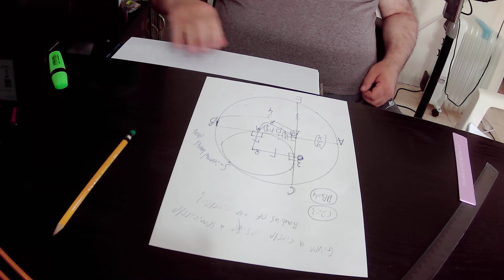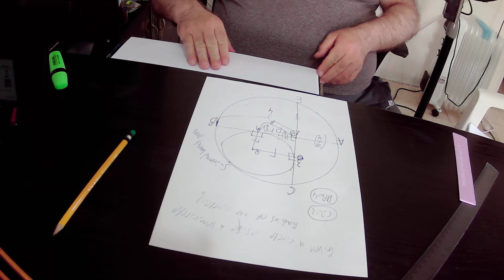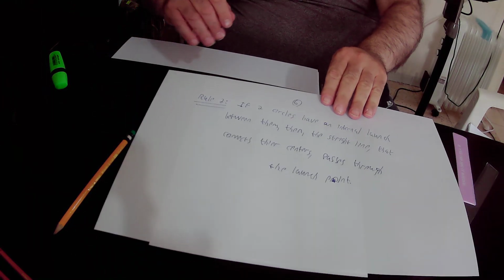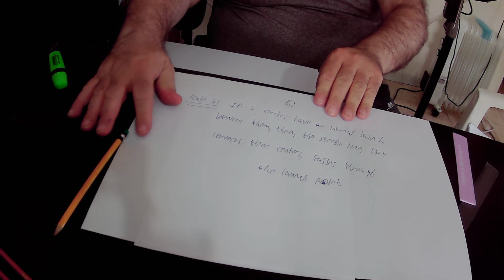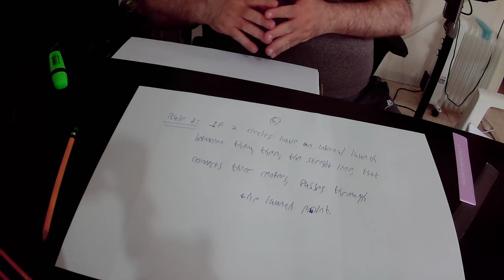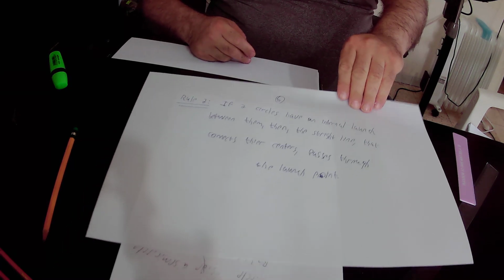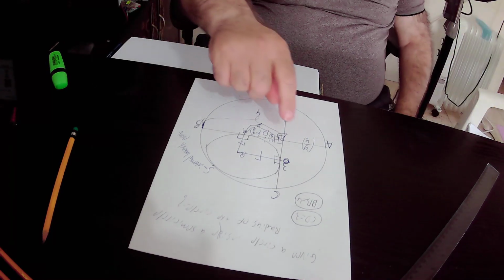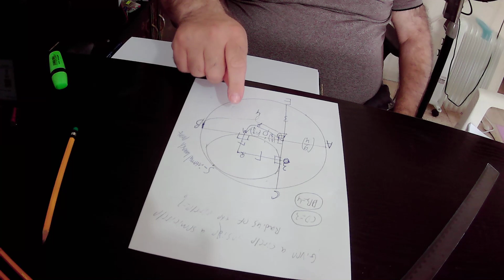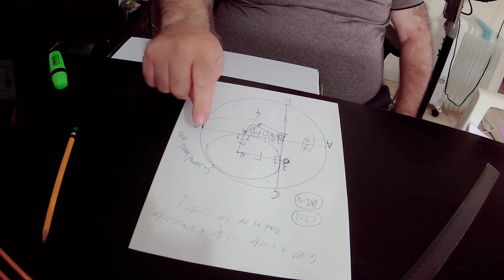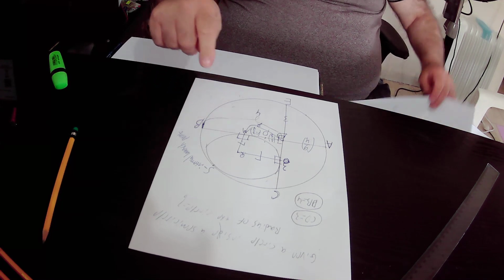Okay, so I'll read rule number 2 again. According to rule number 2, if two circles have an internal notch between them, like in this drawing, the big circle and the small circle touch each other internally at point S. Point S is the internal notch point or the point of tendency.